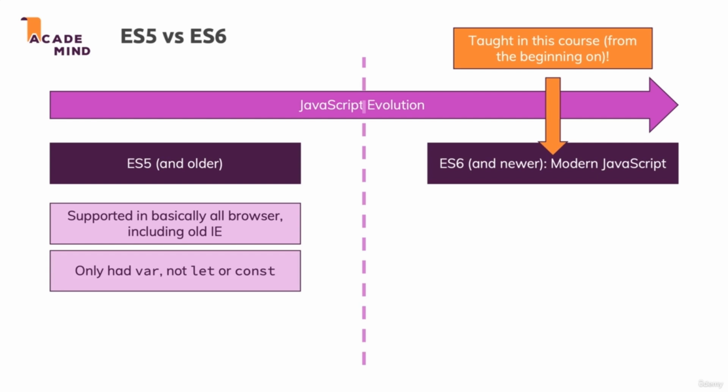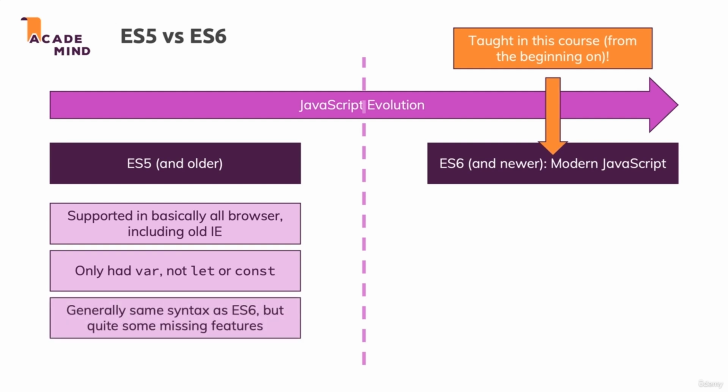This might sound like a minor thing, but it's a huge thing actually, as you will learn in the next lectures. And it's one of the most important changes from ES5 to ES6, though there also are a couple of other exciting changes.